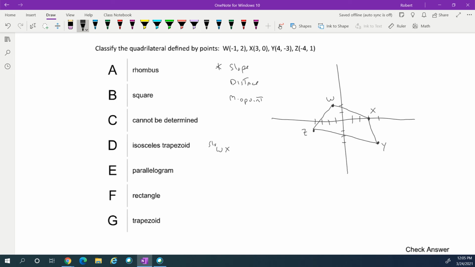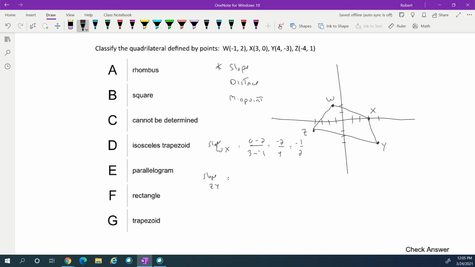Let's find the slope of WX. That's 0 minus 2 over 3 minus -1, which is -2 over 4, -1/2. And now we can find the slope of ZY. Let's find out if the opposite sides are parallel.